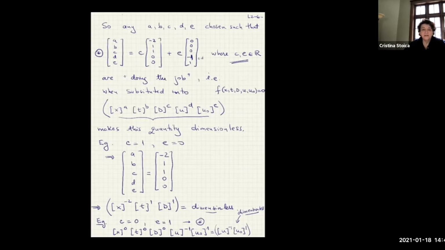In the right-hand side, this C and E. About two. So in other words, it coincides with the dimension of the space of solutions of this linear system. So there you go.